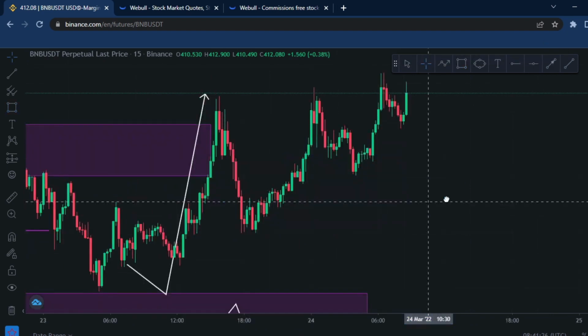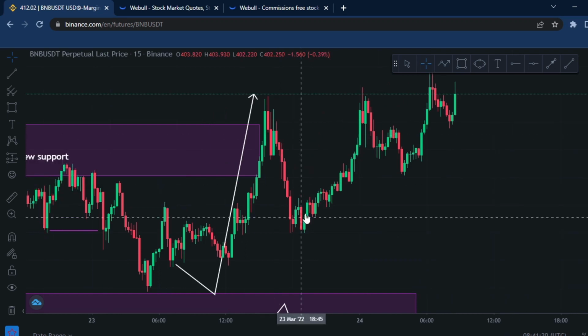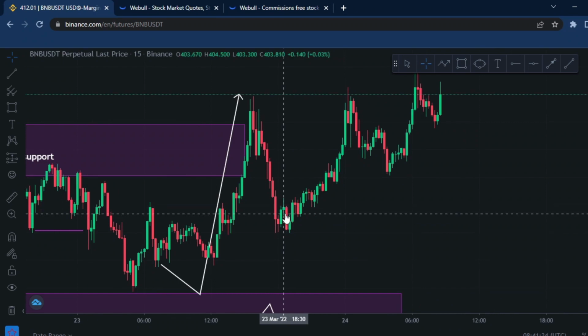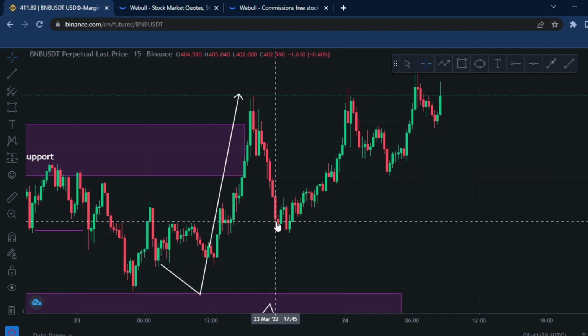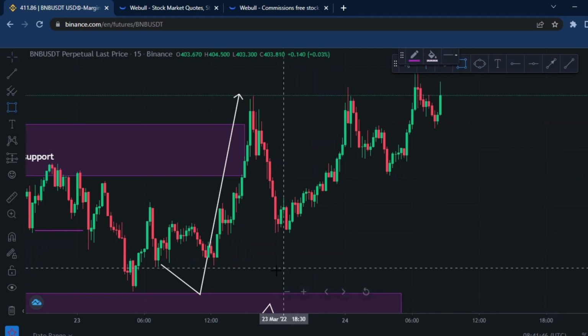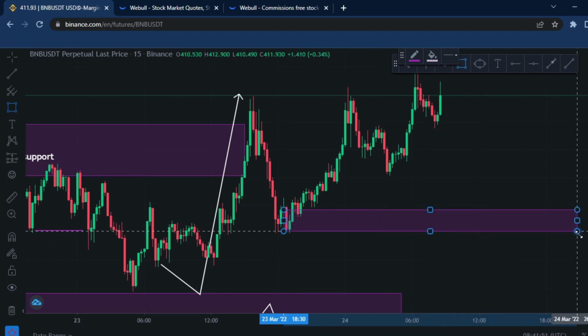What I wanted to explain, you can see that as prices were moving up, prices tried to go up, but then we got an aggressive move down. So this one becomes a significant area for us. So I'm going to highlight that candle, the whole of it.